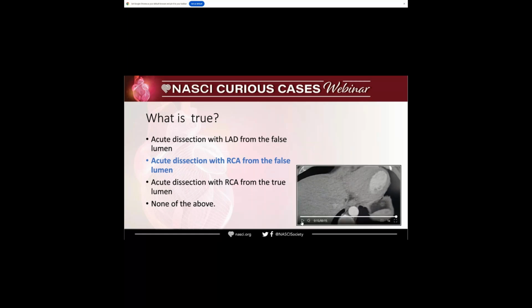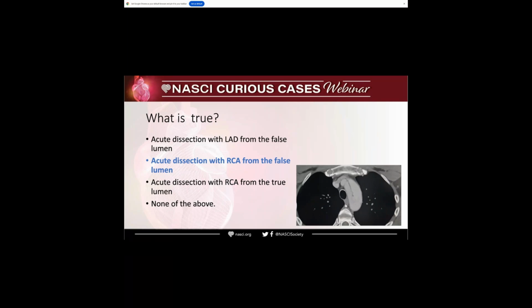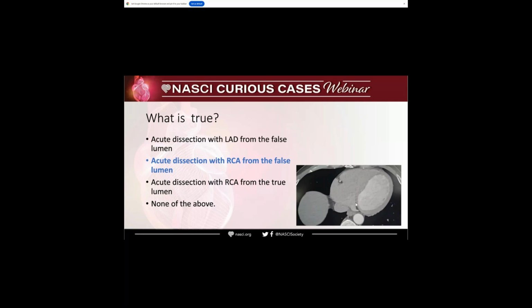And you can see that is the case because if we look carefully, the true lumen communicates directly with the left ventricle, so it has to be the true lumen. So the question is, why does the true lumen here enhance but less well than the false lumen? Can you explain it?